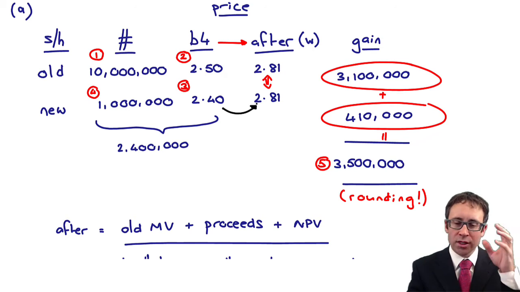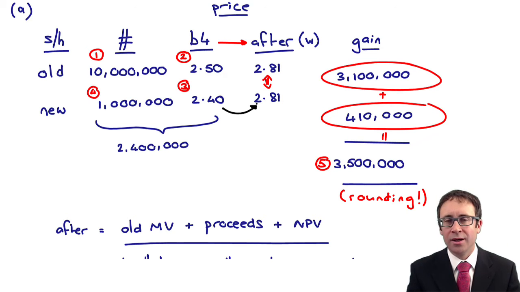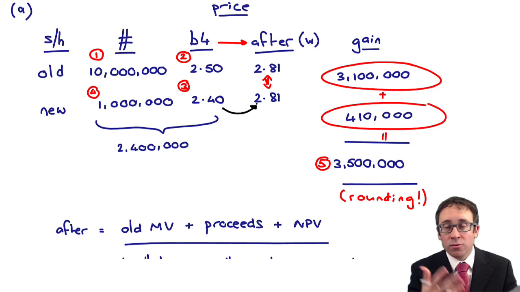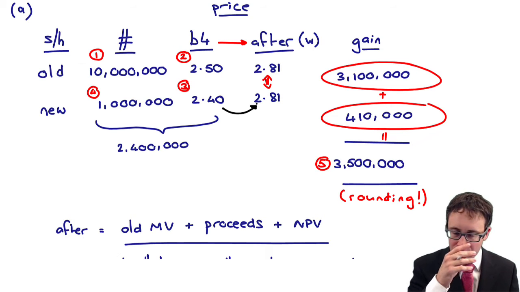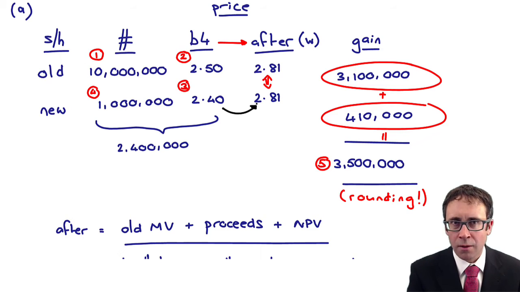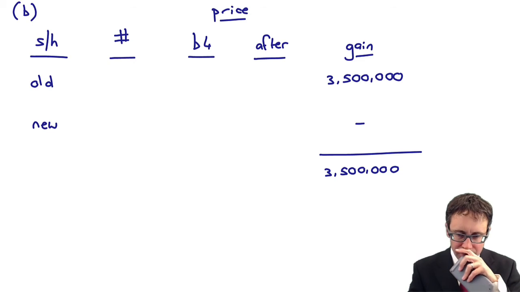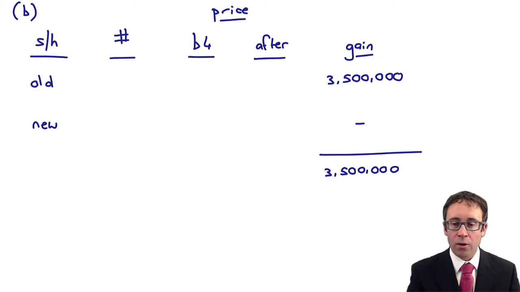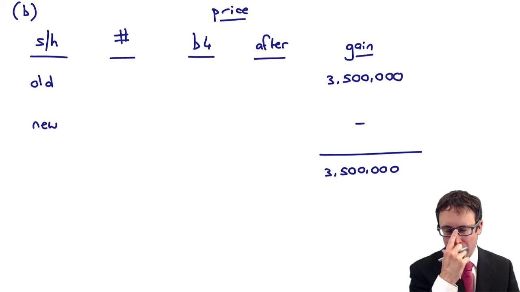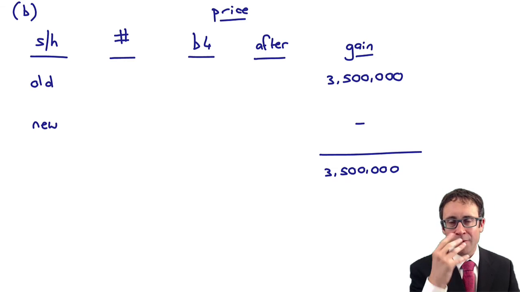I know the old shareholders made a gain, but you're an old shareholder, maybe you want all of the gains. This is where the difficulty is in terms of the pricing, because we want to keep the old shareholders happy and the new shareholders happy. It's complicated in real life. So what we're going to try and do now is give the gain to those old shareholders. All of it, and we'll see what problem arises when we get to the solution.